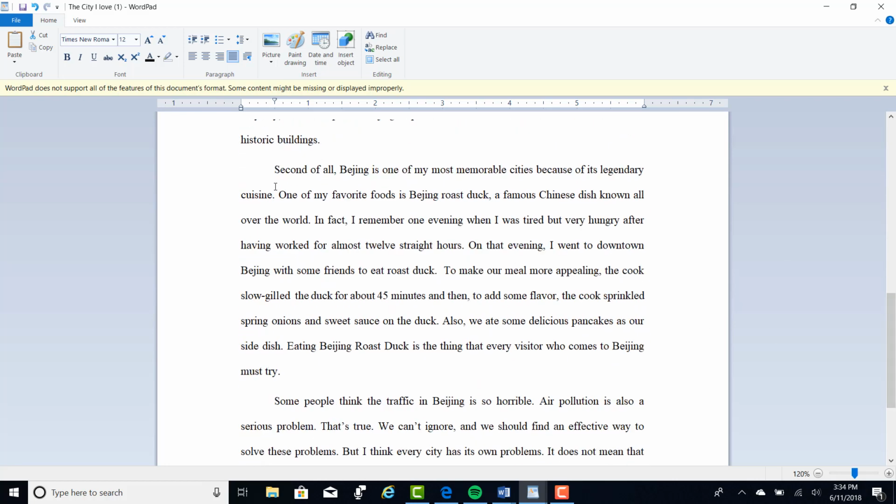body paragraphs. One of my favorite foods is Beijing roast duck, a famous Chinese dish known all over the world. What did I do here? I'm using what's called an appositive. You can go to Google: appositives reduce adjective clauses in English grammar. Make appositives your friend. Your grammar right now is too simple.